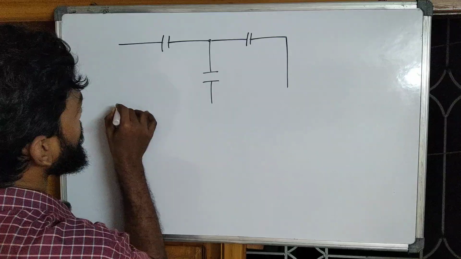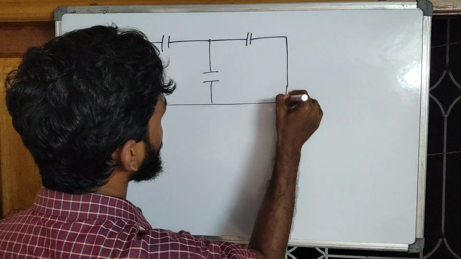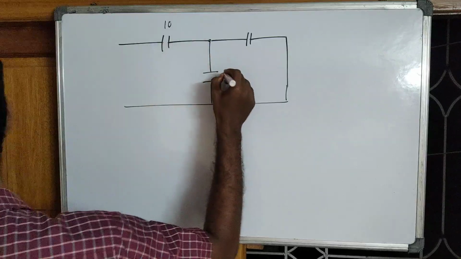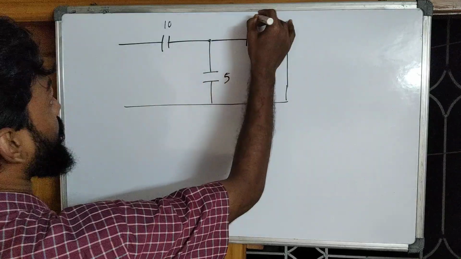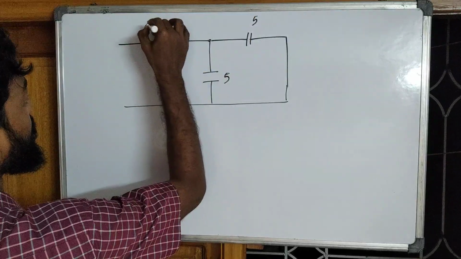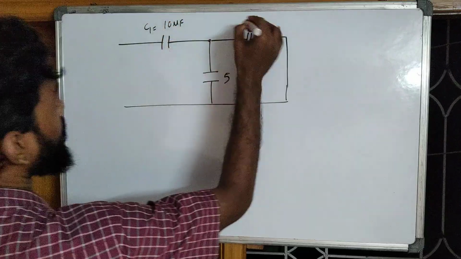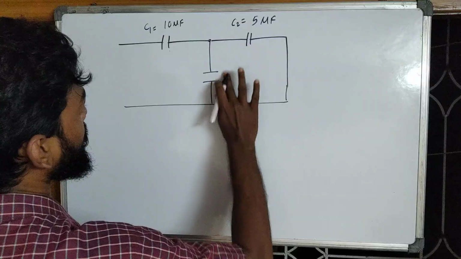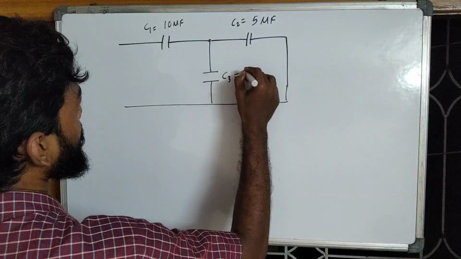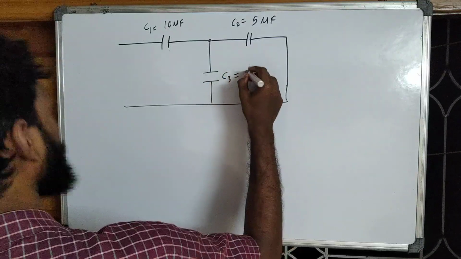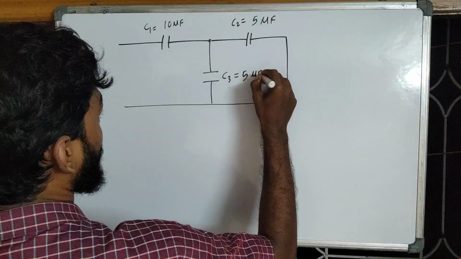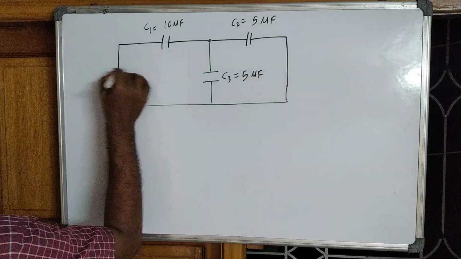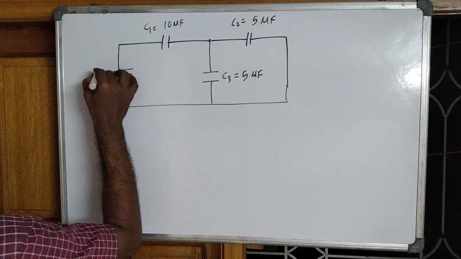C1 is 10 millifarad, C2 is 5 millifarad, and C3 is, no, this is again 5 microfarad. They are connected to a 6-volt battery. This is a 6-volt battery.